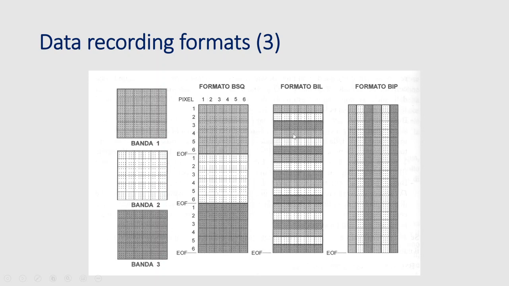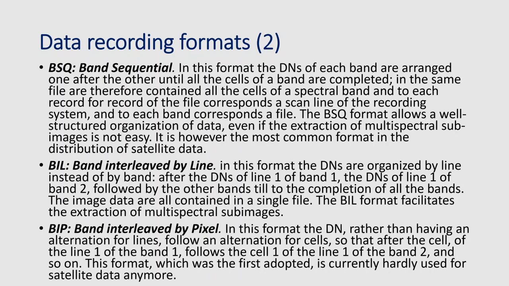Then in the fourth line of the output file, I have the second line of the first band, and so on till the end of all the three bands. At the last position, in the last line of the output file, I will have the last line of the last band of the acquisition, and till here, that is called with the acronym EOF, that stands for end of file. So let's go back.